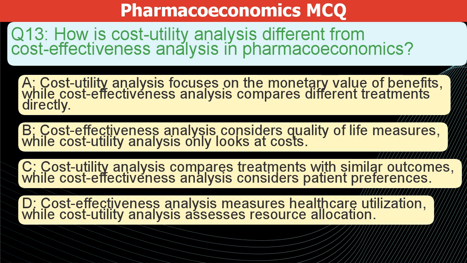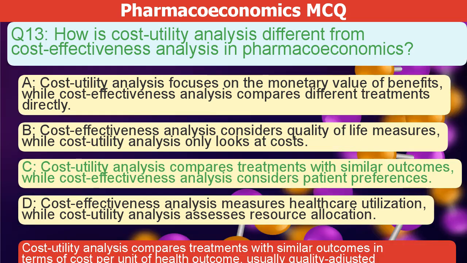C. Cost-utility analysis compares treatments with similar outcomes, while cost-effectiveness analysis considers patient preferences. D. Cost-effectiveness analysis measures healthcare utilization, while cost-utility analysis assesses resource allocation.